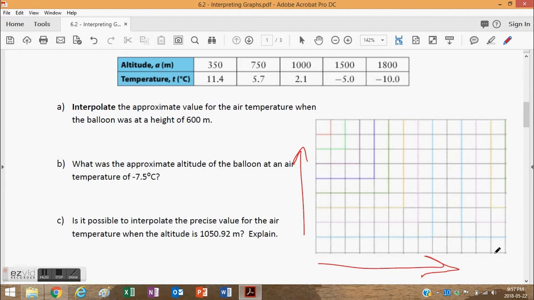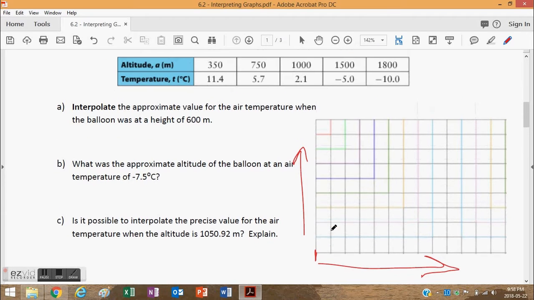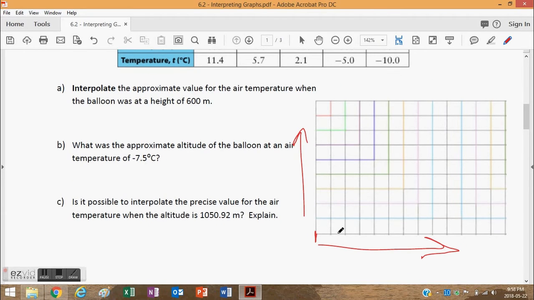My recommendation would be that we put altitude going up this side and temperature across the bottom. You're going to start with the lowest temperature somewhere down here, -10. Figure out a scale so that you can easily cover from -10 up to 11.4.